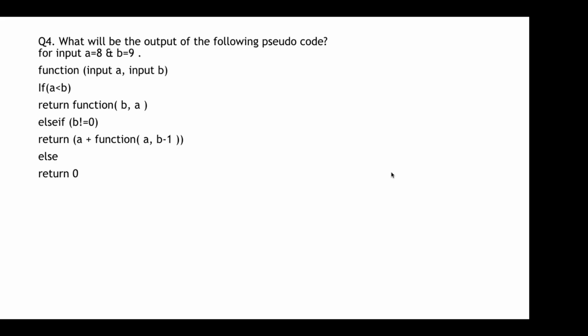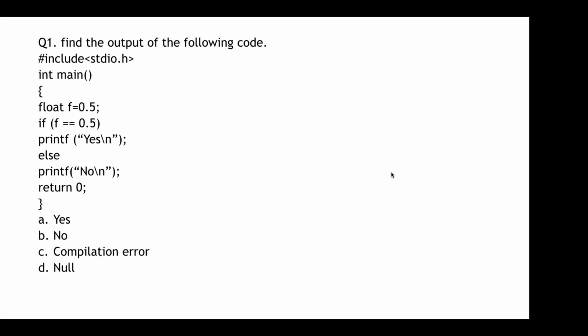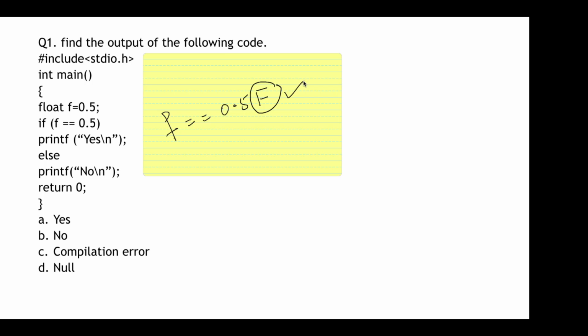So, moving on to the next question. In the previous question, there was another doubt: what if we write something like f is equal to 0.5 and capital F? This is not an error. You are still going to get the correct answer. You can write f as capital F as well.